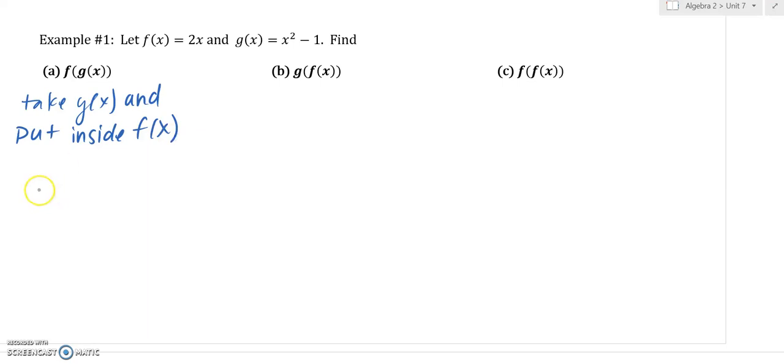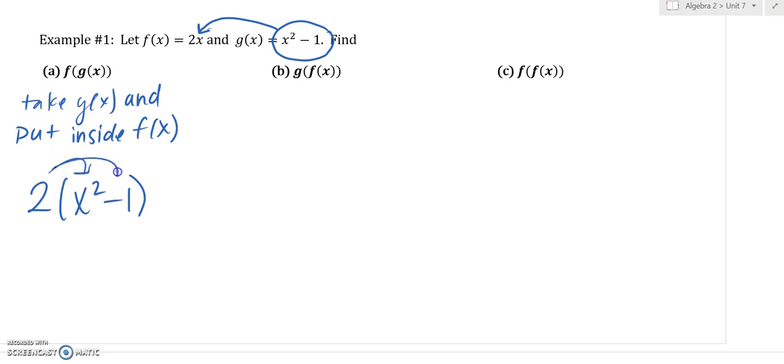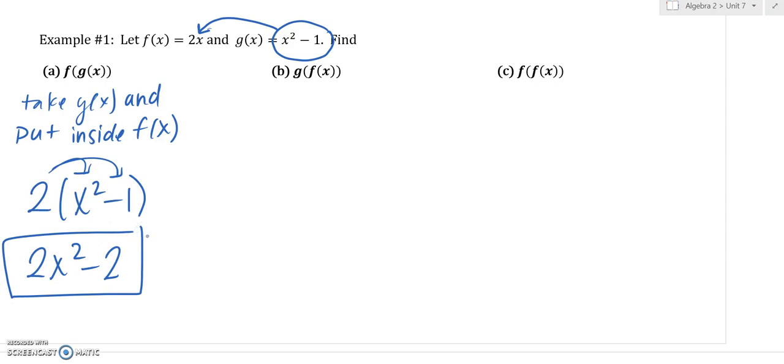Okay, so f of x is 2x, but I put g of x into it. So I'm just going to circle this for a second. I take g of x and then I put it into that spot. So that's what I did for this first problem. I'm going to have to distribute, and I get 2x squared minus 2. There's my answer.